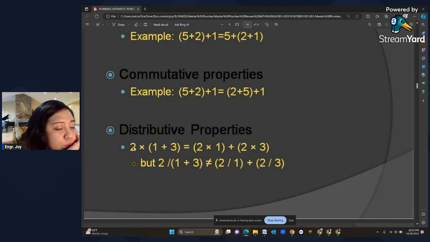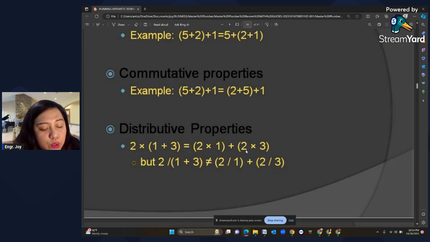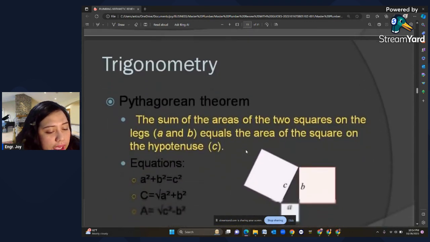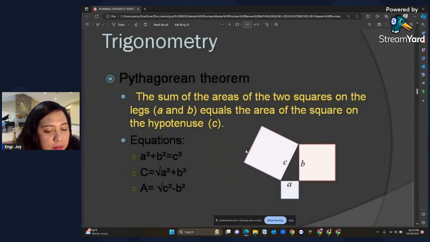Dinistribute to itong 2, times mo sa 1, kaya 2 times 1, plus, ikakopy mo yung plus, plus ito naman, 2 times 3. So, that's the distributive properties. Kaya, we are doing the distribution. Okay, so, simple lang naman yung sa mathematics na binigay niya.